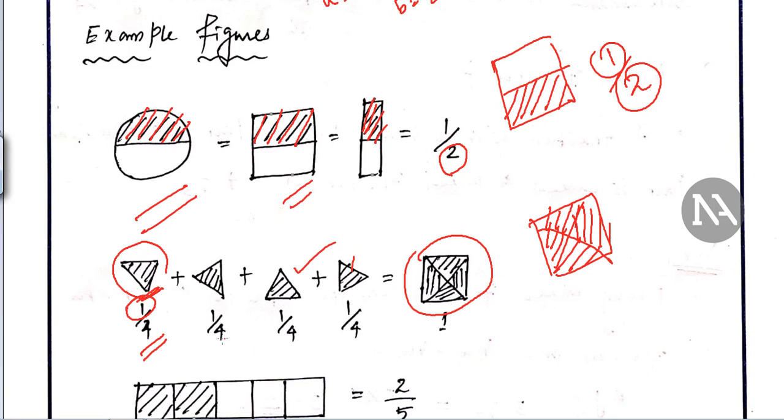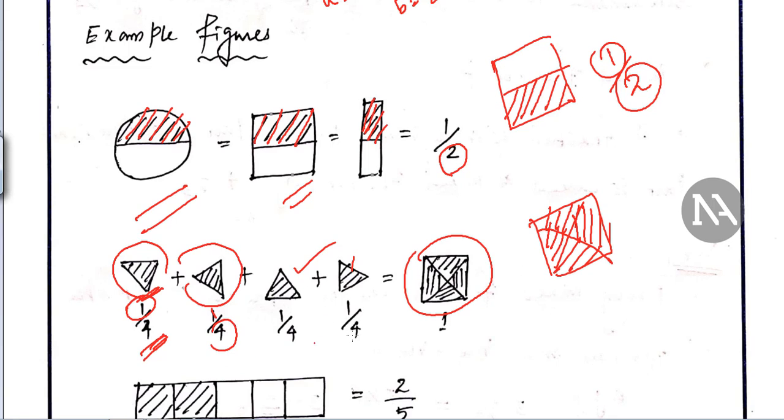Total is 4 parts, and this portion is 1. Similarly, this is also 1 part out of 4. So it is a quarter. 1 by 4 is nothing but a quarter of the total portion.